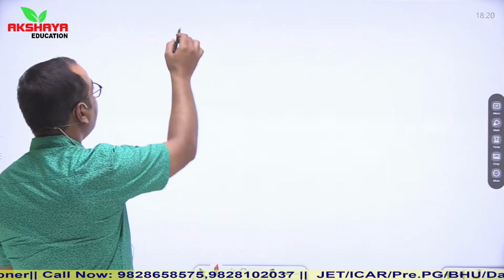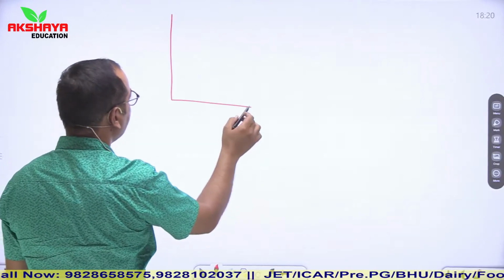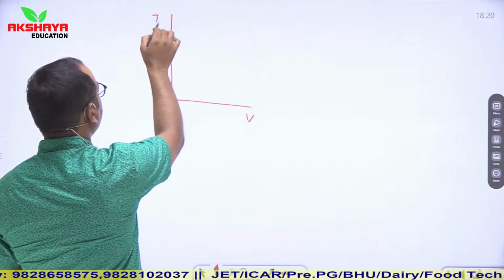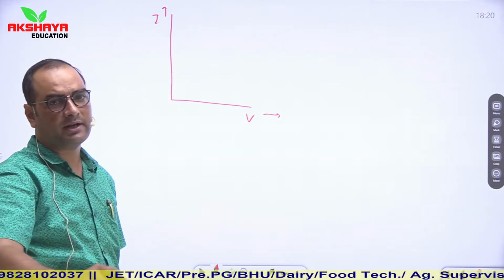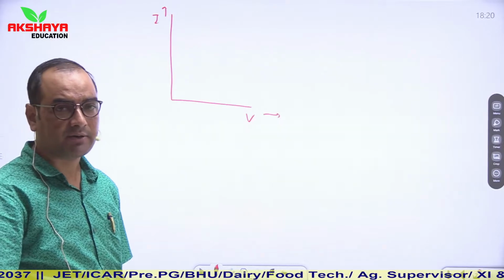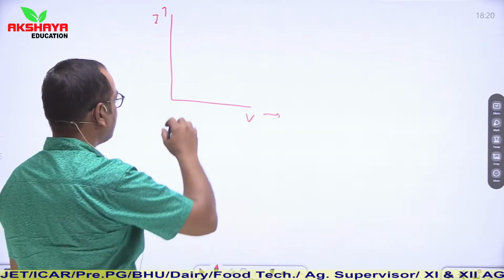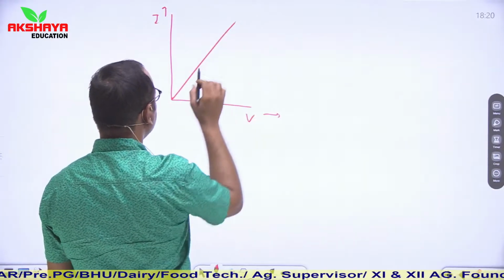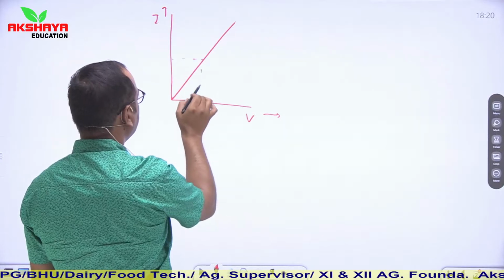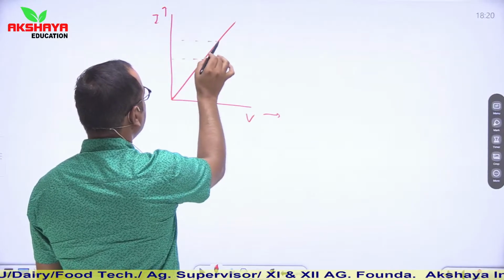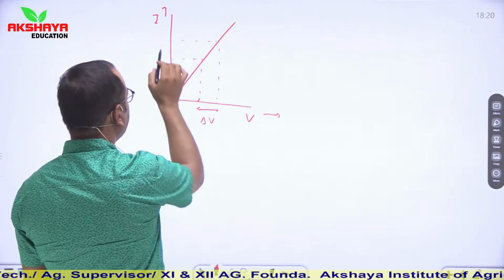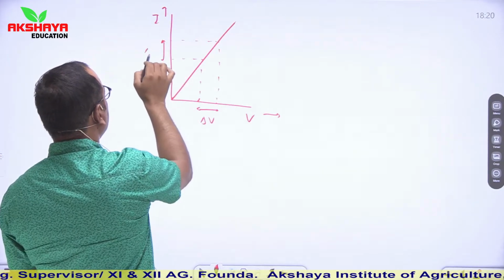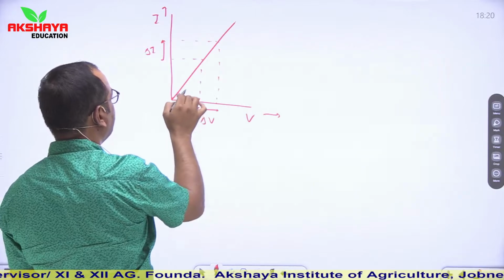Similarly, if this graph is reversed, it means if we plot a graph between V and I in such a manner that electric current is taken on the y-axis and potential difference is taken on the x-axis, in that situation also this graph will be a straight line. But now in this condition, this is del V and this is del I. Let us say this is the angle theta.